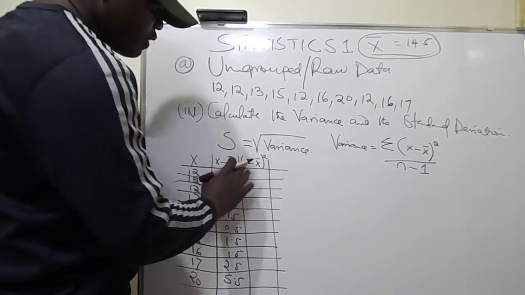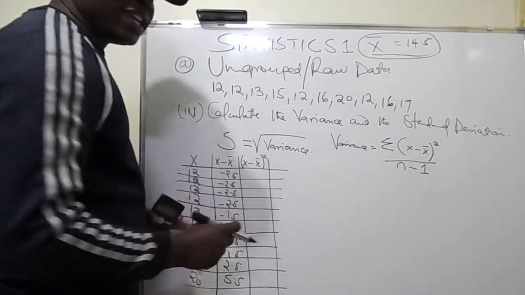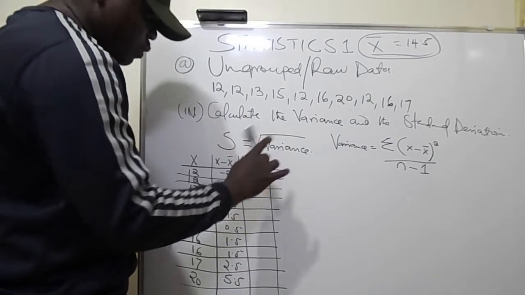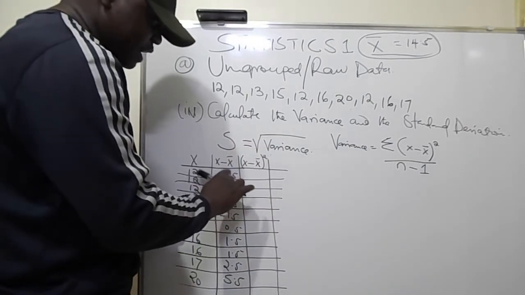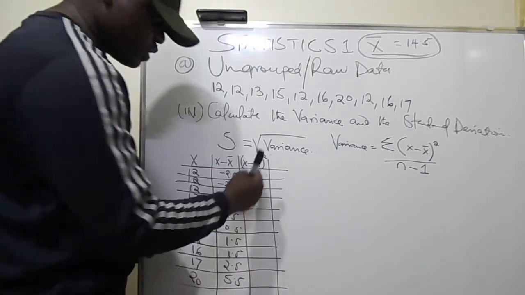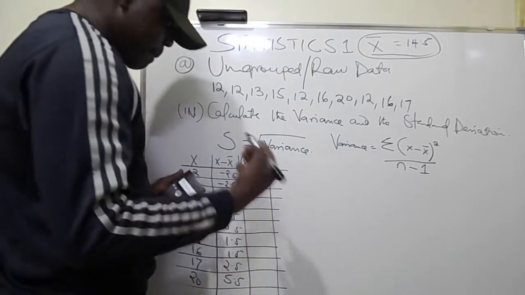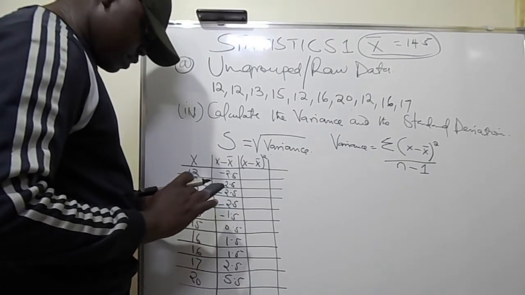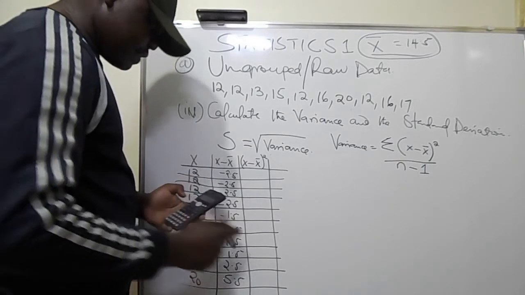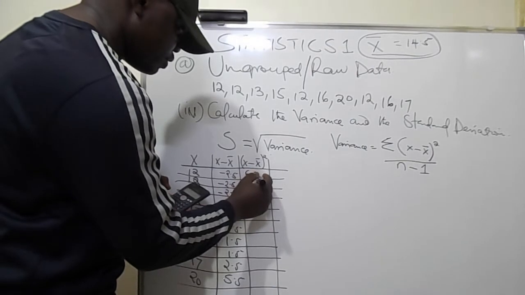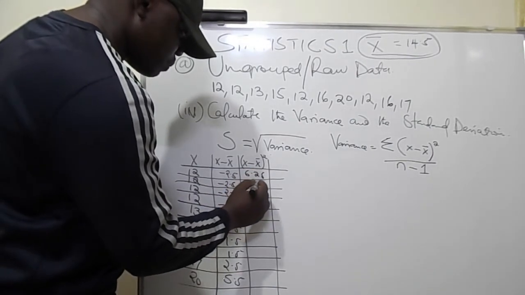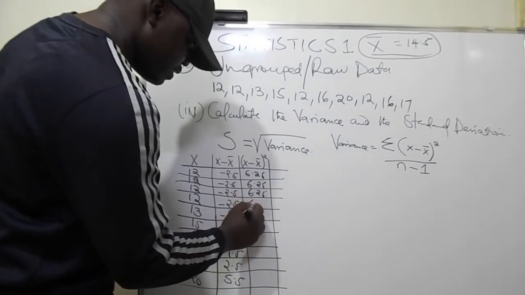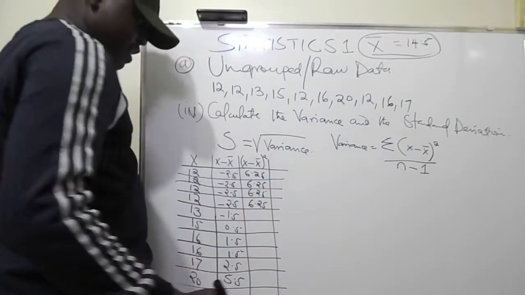Now what is the value of x minus x bar when we square it? It is just negative 2.5 squared. A negative times a negative is always a positive, so this entire column is going to be positive. So it's like 2.5 squared, you get 6.25. Obviously here is 6.25, 6.25, 6.25.